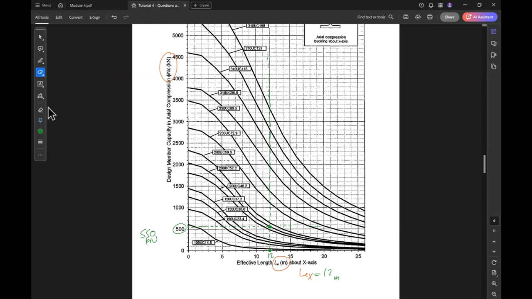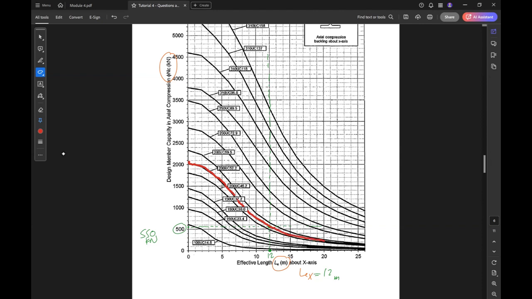So what is the section we should use? Do you have any idea? Both of the lines intersect at this curve here. So this is our section.